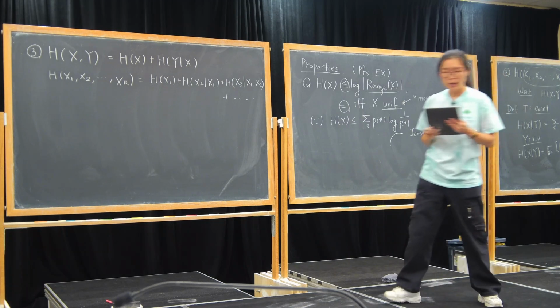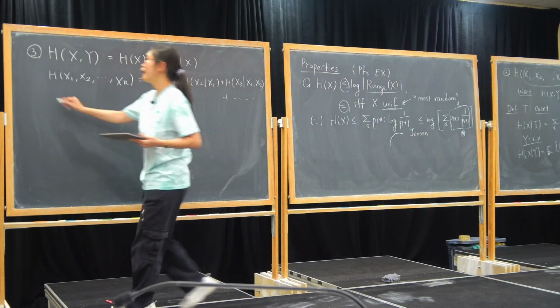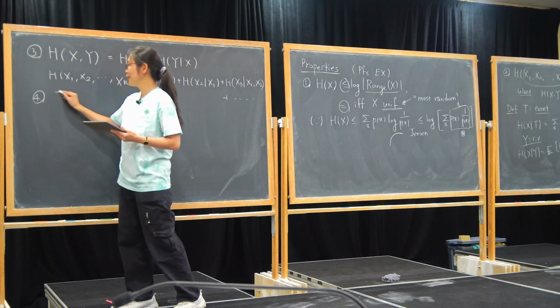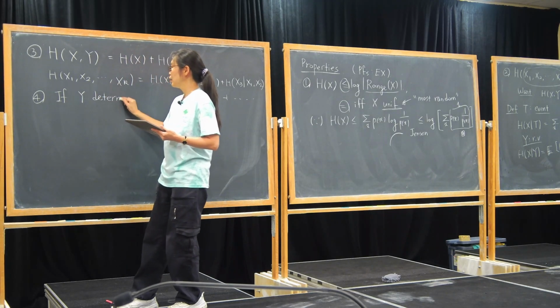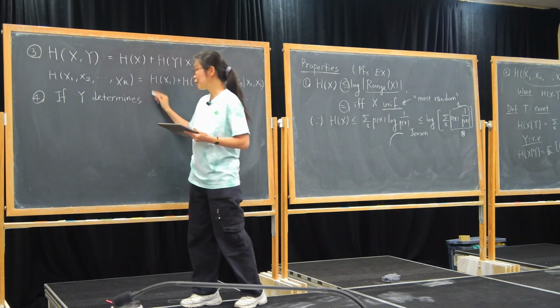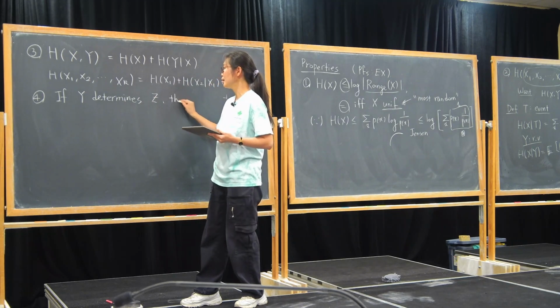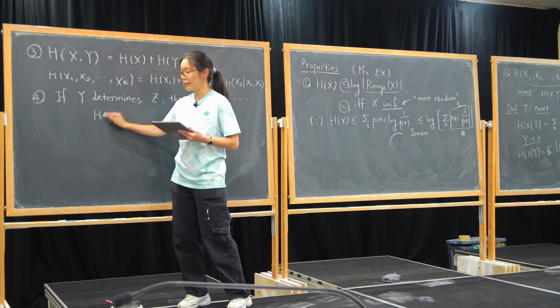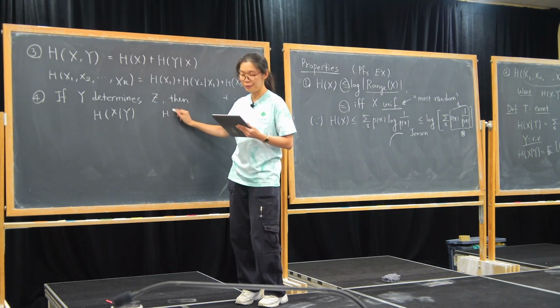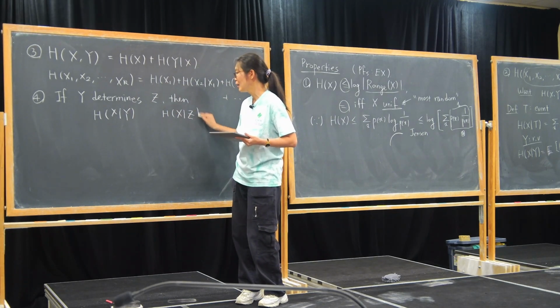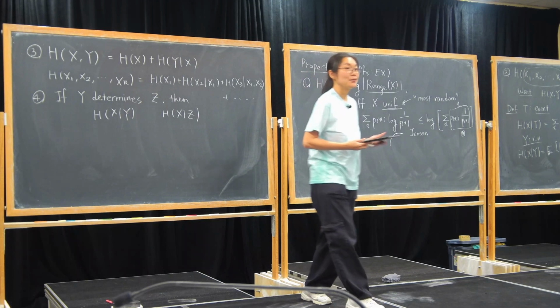Okay. And finally, number 4, not finally, we have one more. If Y determines the random variable Z, then if we compare the entropy of X given Y and the entropy of X given Z, one is smaller than the other.